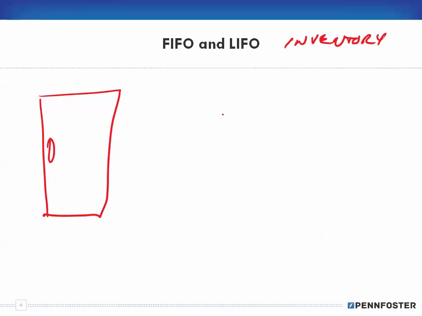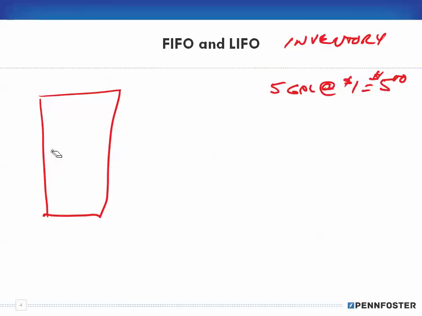If you go to the grocery store and let's say you buy 5 gallons of milk, and this is just an analogy, it's a good example of how to think about this. If you buy 5 gallons of milk at $1 each, that means you bought $5 worth of inventory. Now when you open up the refrigerator, let's say the refrigerator is completely empty.